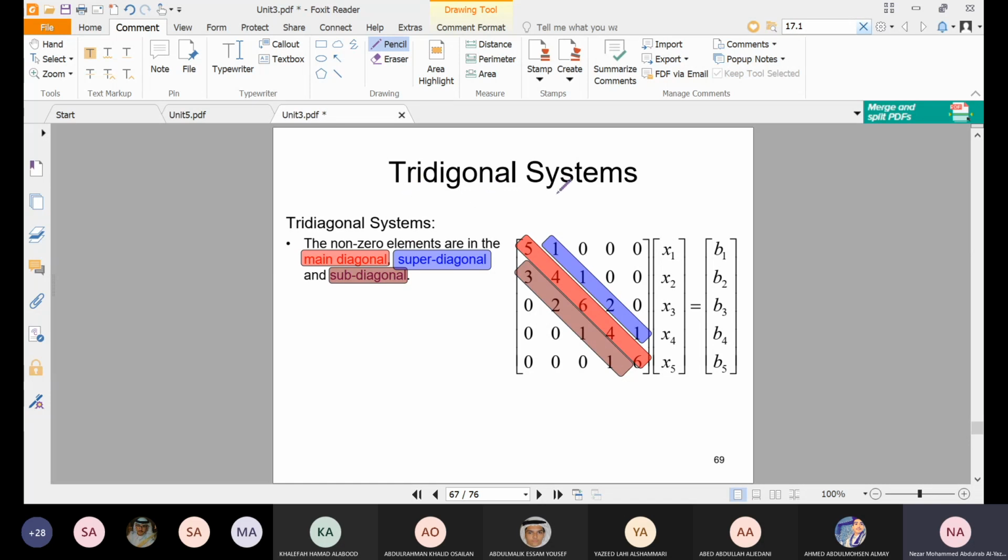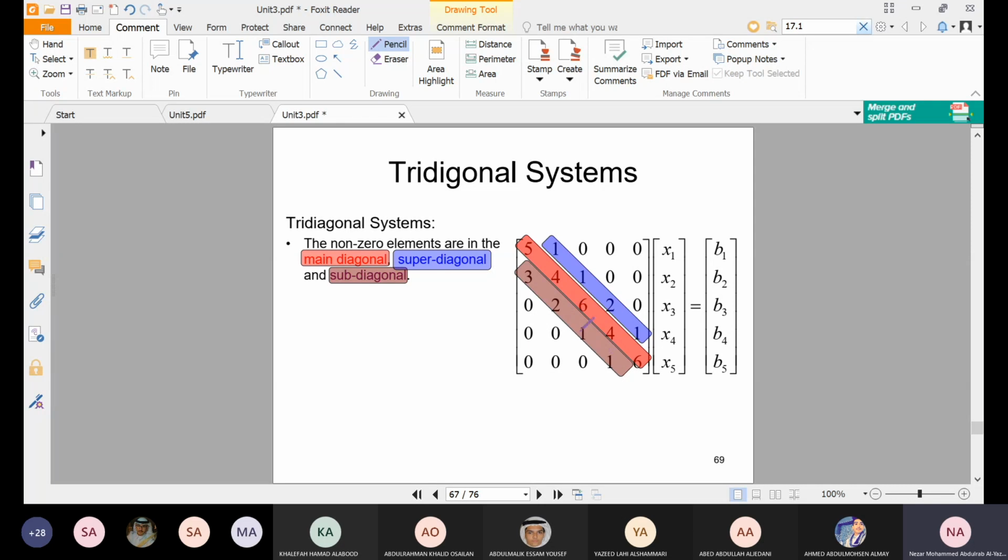That's a matrix that contains 3 diagonals, and the rest are zeros. These 3 diagonals contain non-zero elements. The main diagonal is the red one, above it we have the super diagonal, and below it we have the sub diagonal.